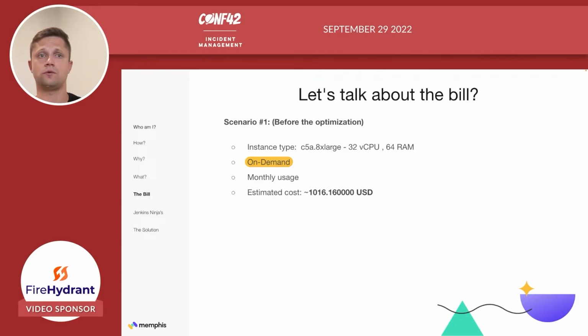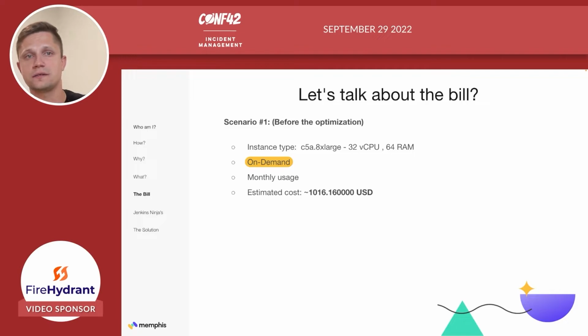This machine was on demand, and I will explain why. The Jenkins Ninja runs 24/7, so it's a monthly usage. And as you can see, this is my estimated cost at that time. Before I jump to the next level, the 64 vCPUs instance type, which I didn't want, this is why we started looking for another solution.